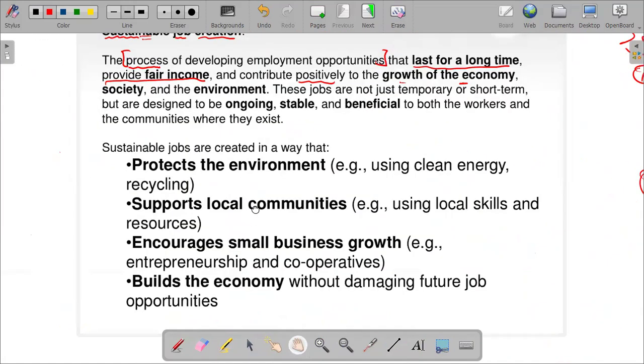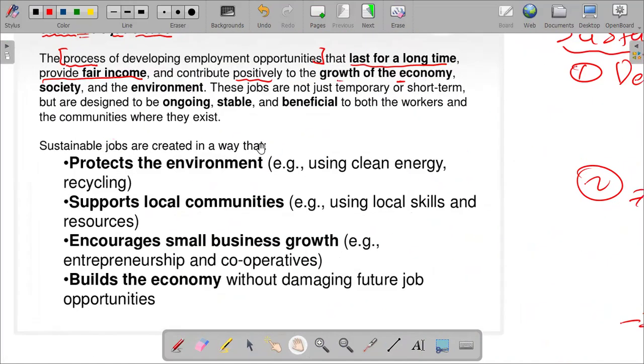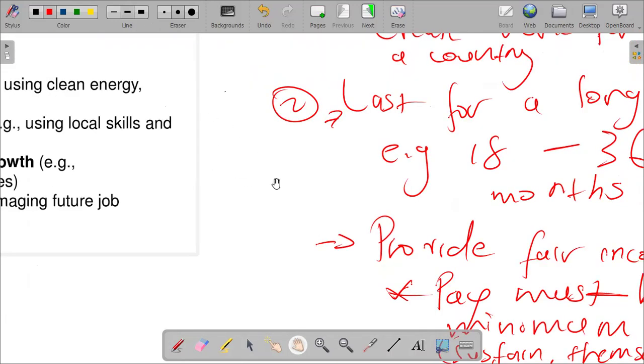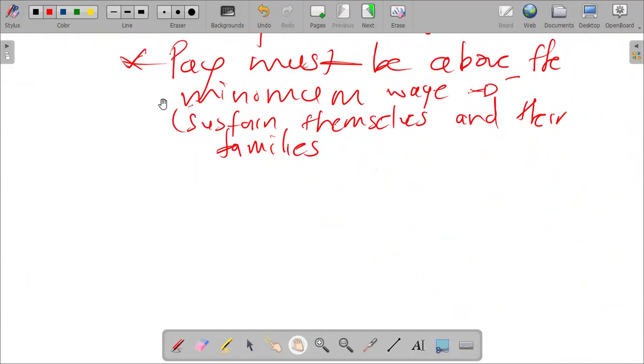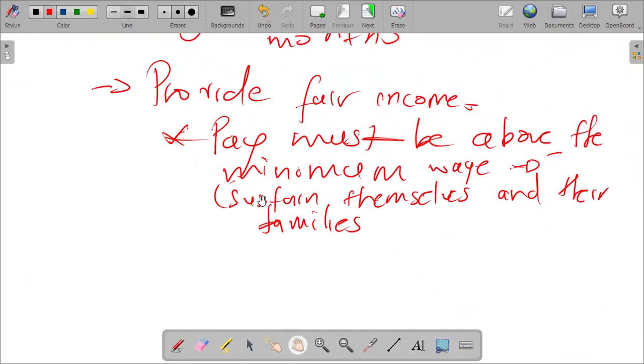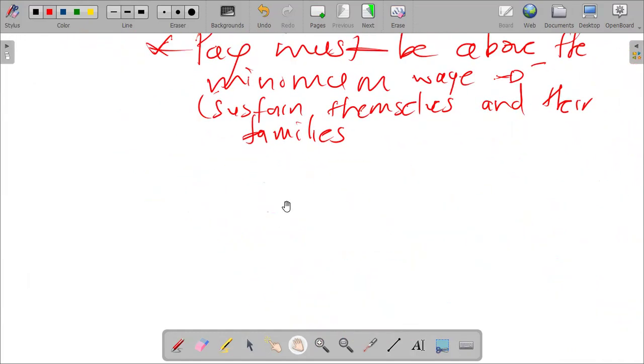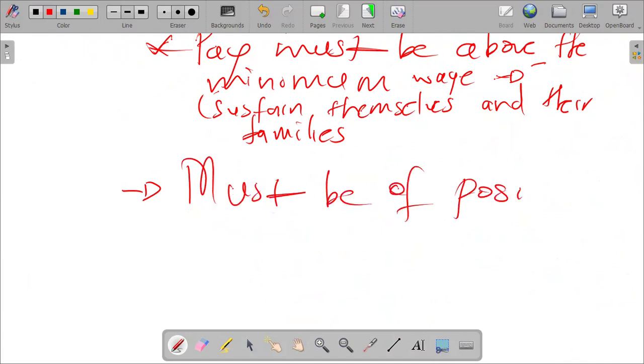And then the fourth one is that it must contribute positively to the growth of the economy. Meaning, let's say you are an entrepreneur or a business. The fourth one must be of positive contribution.